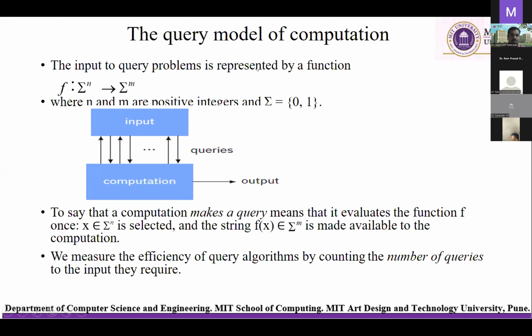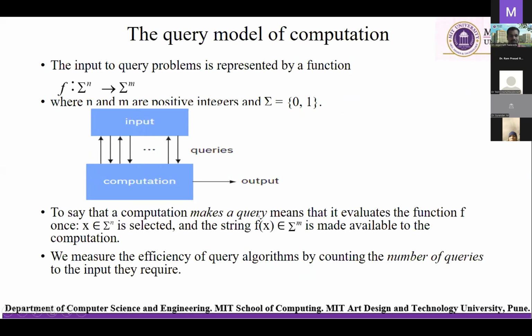The input to the query problem is represented by a function f. If we pass n queries, then m outputs will be there, where n and m are positive integers, and the values are from 0 and 1 only.